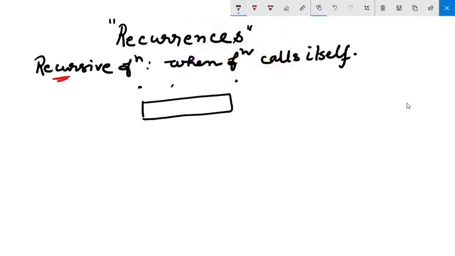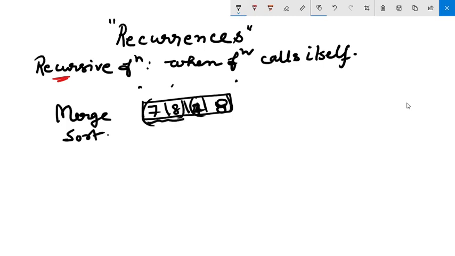So in merge sort, what happens? We have, let's say, a few elements: 7, 8, 4, 8. What we do is pairwise sort them.